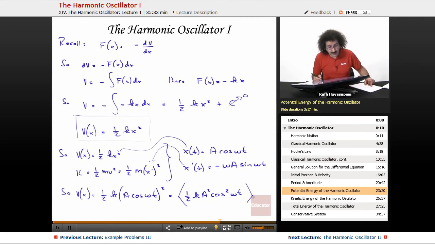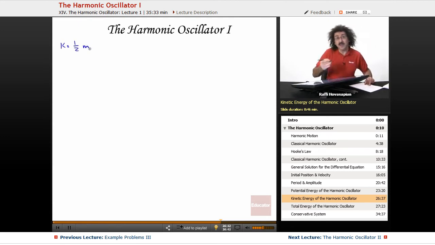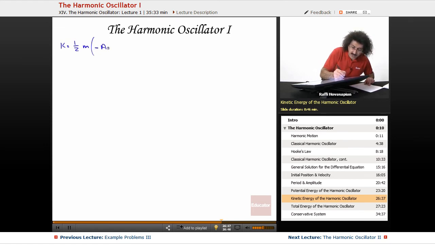Now let's go ahead and calculate the kinetic energy. The kinetic energy is equal to 1/2 the mass times the derivative squared. The derivative was minus A omega cosine, no, not cosine, sine, because we took the derivative, sine omega t, squared. Excuse me.